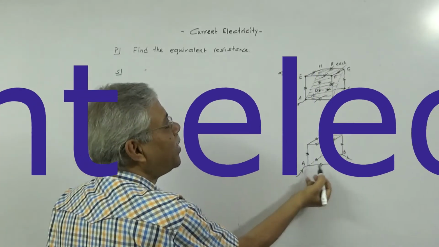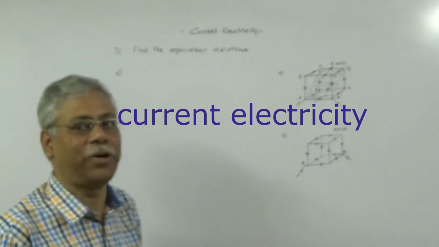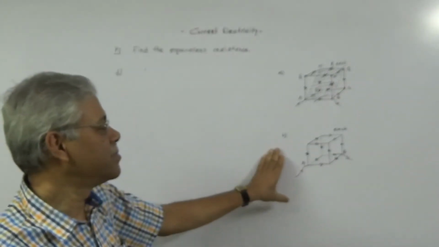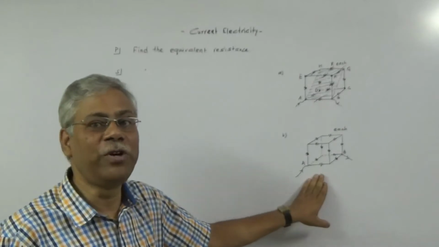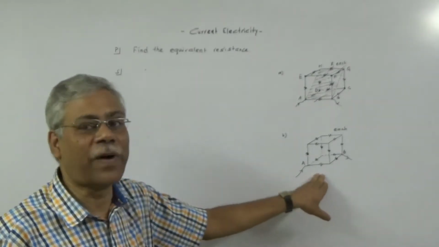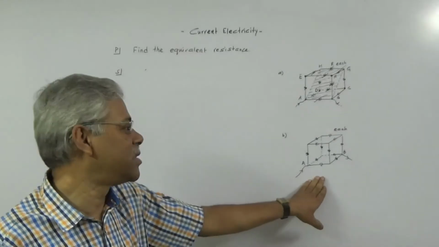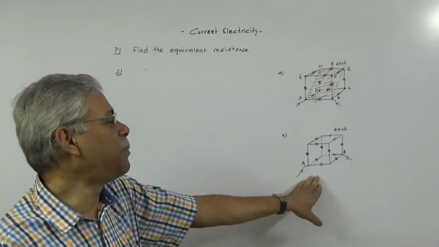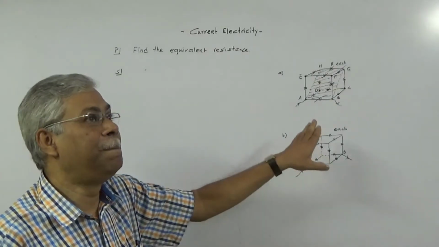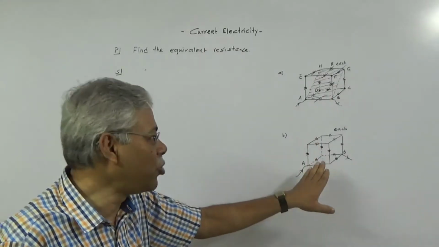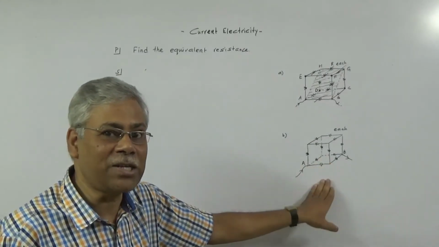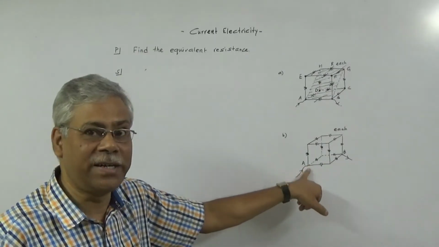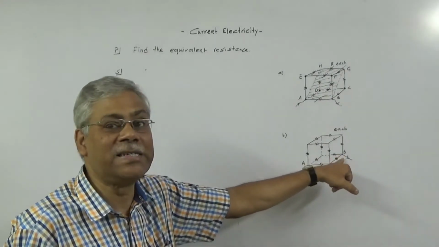Current is entering at the point A and current is leaving at the point B. This is also a three-dimensional circuit. We will have to convert it into a two-dimensional one in order to find its equivalent resistance. For that, we will take the help of a plane mirror. The plane mirror should be such, as I have already told you, that it contains the point at which the current is entering and the point at which the current is leaving.